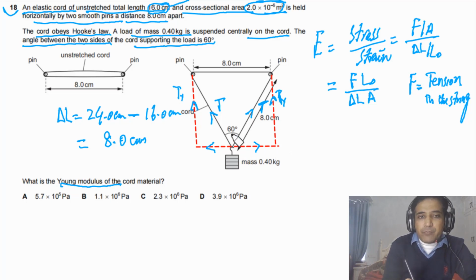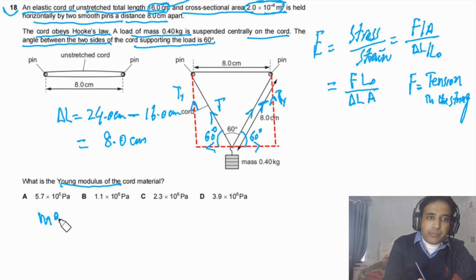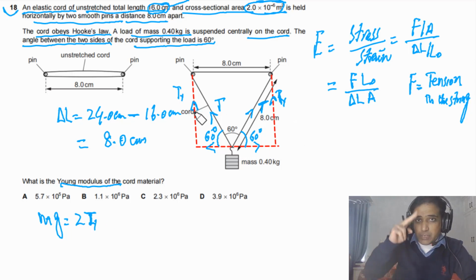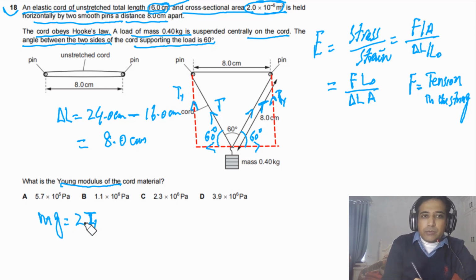Now we need to understand, if this angle is 60 degrees, this angle also will be 60 degrees, and this angle also will be 60 degrees. So from here we can say mg will be equal to 2 times Ty. Two forces are acting up, mg is down, so we can say this is equal to 2 times Ty.